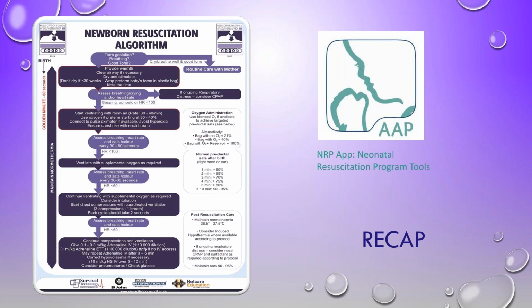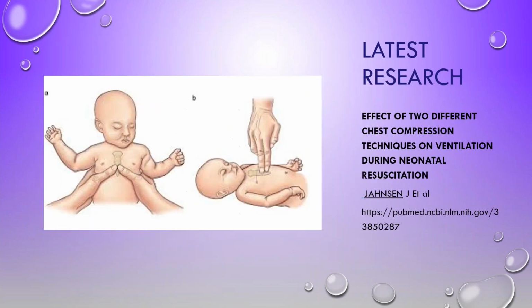So that algorithm is still appropriate, and I've loaded the app for you from the American Academy of Pediatrics, which has the whole algorithm plus the drugs in it for those of you who would like to have the app on your phone. And this might be a suggestion to people who don't work all the time within that area.